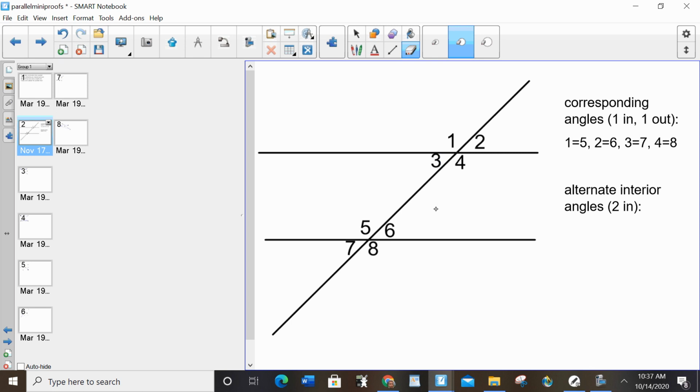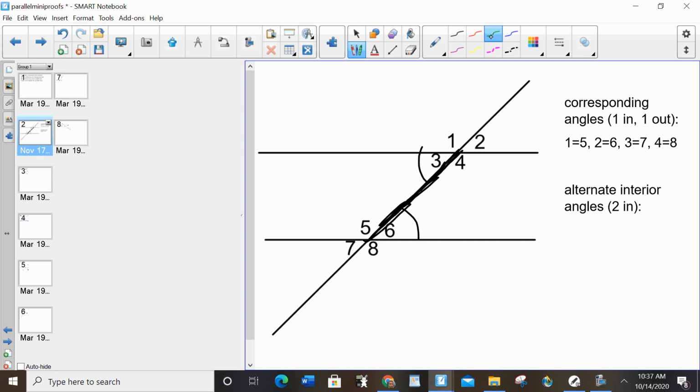They have to both be inside. Alternate means on opposite sides of the transversal. So 3 is interior. It's to the left of the transversal. 6 is interior. It's to the right of the transversal, right? This is my transversal, this line. The 3 is to the left of that line. The 6 is to the right. Therefore, 3 and 6 are alternate interior angles.